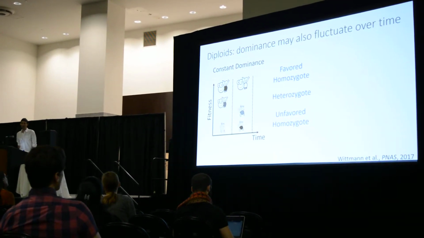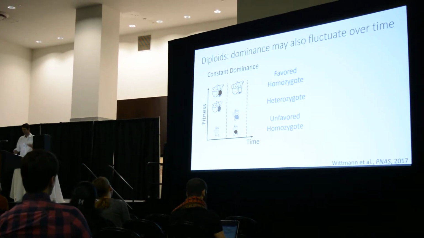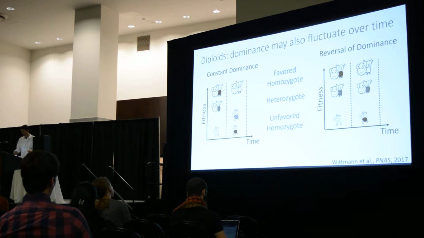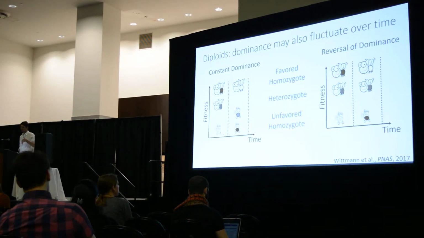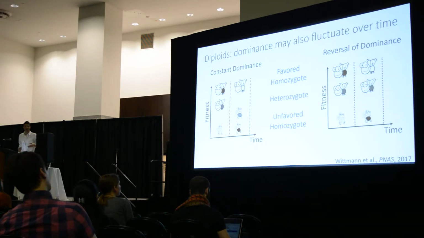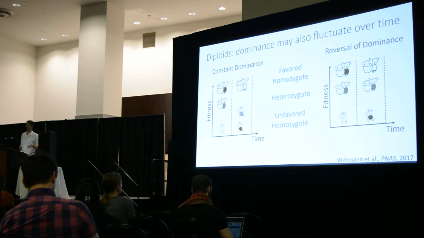The essence of reversal of dominance is that dominance also fluctuates over time, not just the selection coefficients. And in particular, if you imagine that dominance reverses in such a way that the favored allele is always dominant, you have this situation where the heterozygote is always sort of moderately happy.